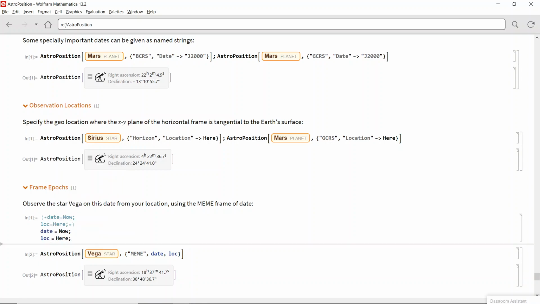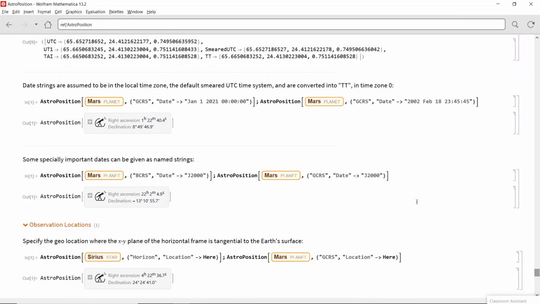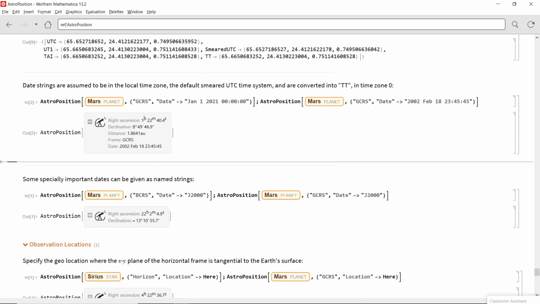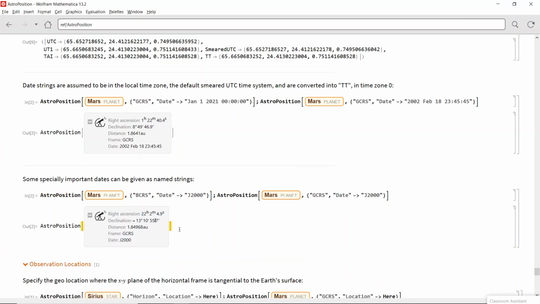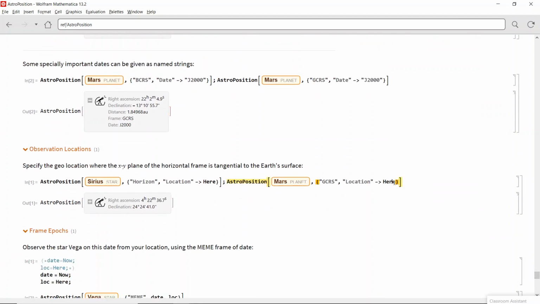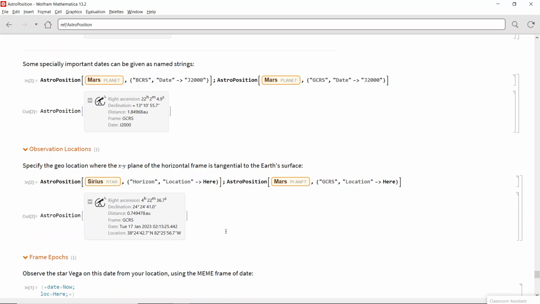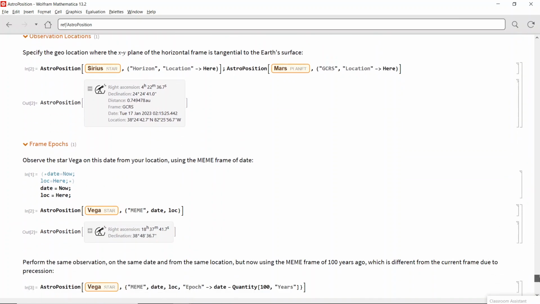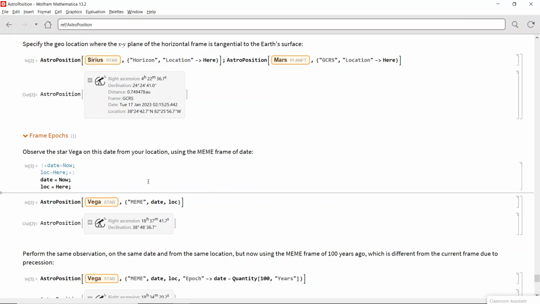Loc equals here. Right ascension 1 hour 22 minutes. So I can do AstroPosition Vega, mean, date, loc.